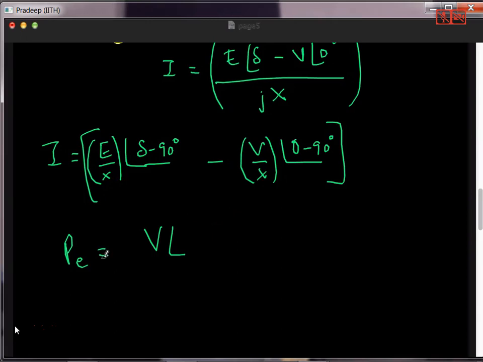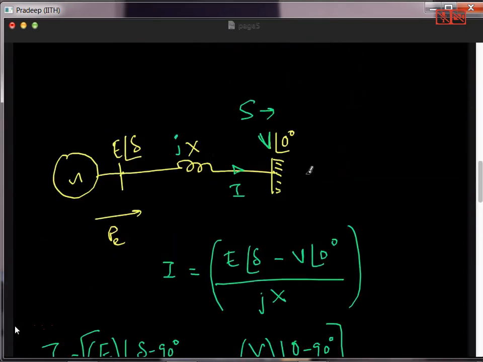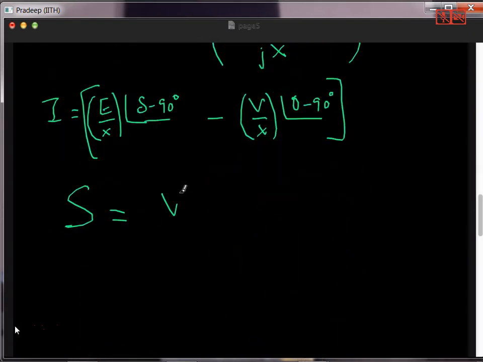Sorry, not just active power. I am interested in the complex power at the infinite bus. Here, what is the complex power? Complex power is nothing but V into I conjugate. So that is V angle 0 degrees into I conjugate, so the conjugate of the above I.